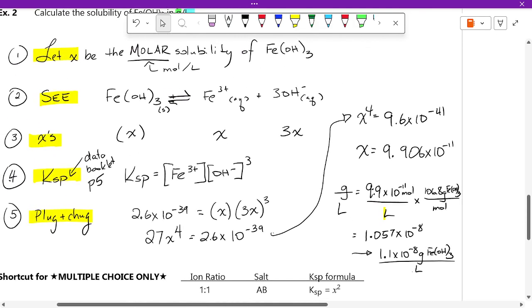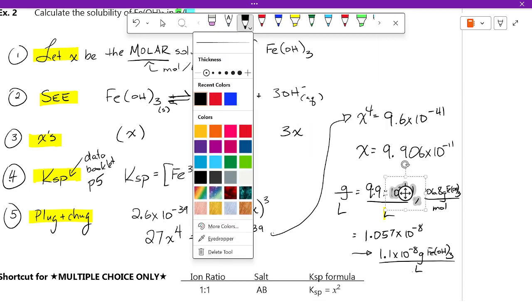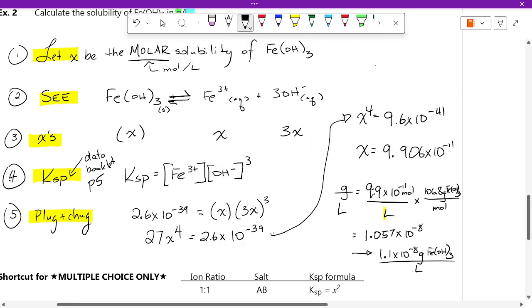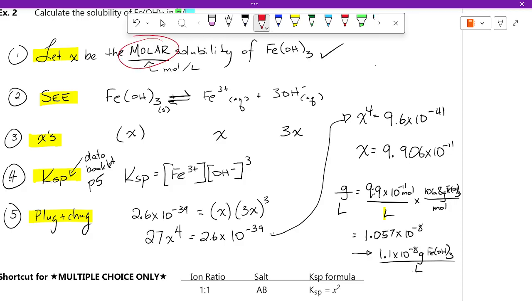Okay, so make sure you check through and see if you have everything. Do you have your let statement? When you're talking about the let statement, you should say the molar solubility, just because in this case we are going to have to later find the grams per liter solubility. Did you write the C? Did you show your X's underneath the formula?